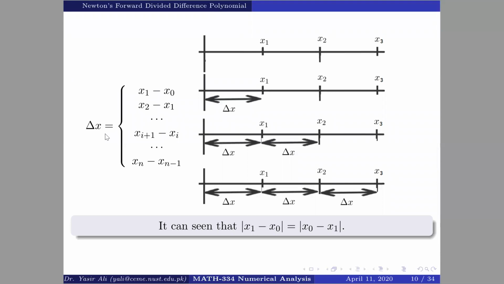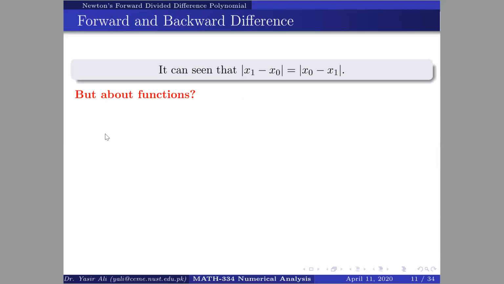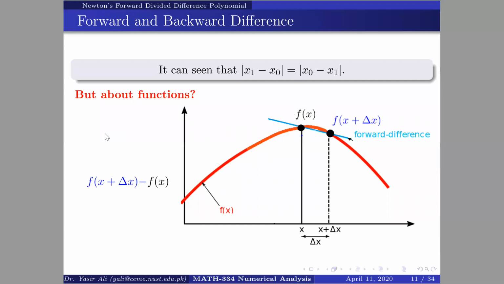We can see that in the case of x1 minus x naught or x naught minus x1, the absolute value makes no difference. But when we consider the function along this condition, then there is a major change, or the derivative comes into play.